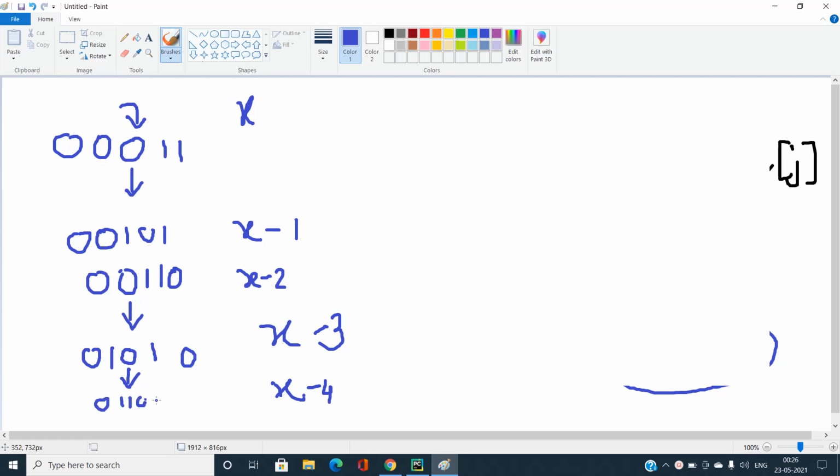So this gives me the idea that first I need to find out the number of zeros that should be present to the right of all the ones. Let us say I have two ones. What is the number of zeros that is going to be present to the right? You can easily find it: suppose X is 5, then I can find it by dividing X by the number of ones present over here.